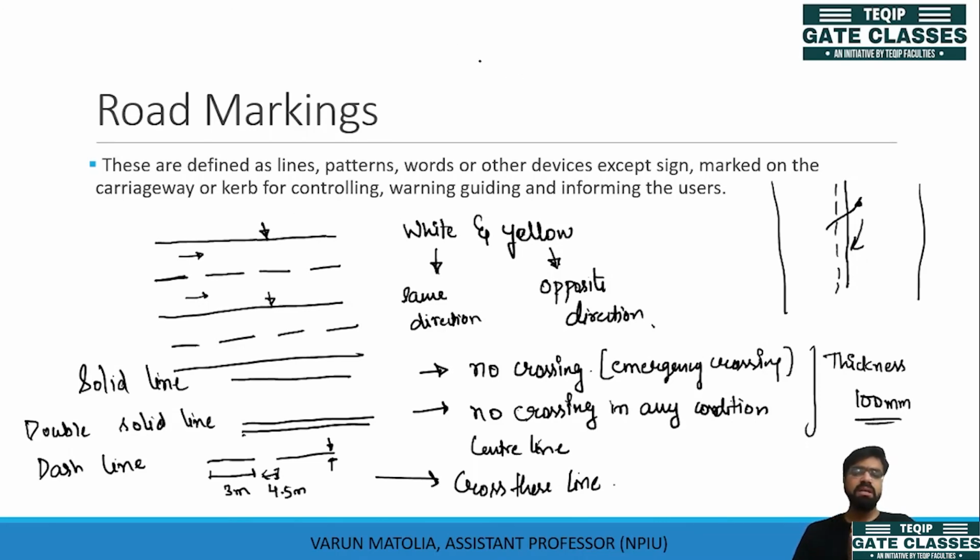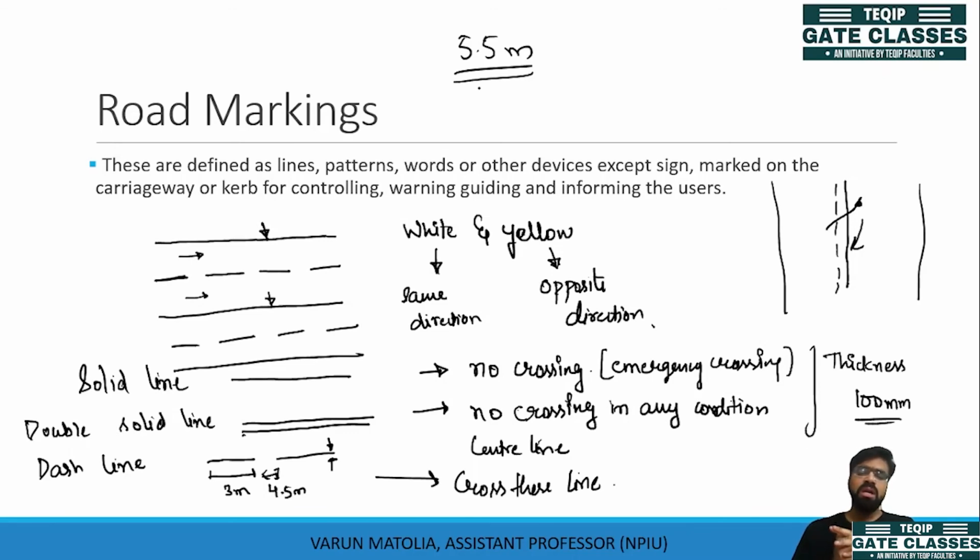If it is a road with less than 5 or 5.5 meter width, no road marking at the center will be provided. Demarcation of lanes will not be there because there are no different lanes. It is intermediate lane width. But for roads wider than this, the demarcations will be provided.